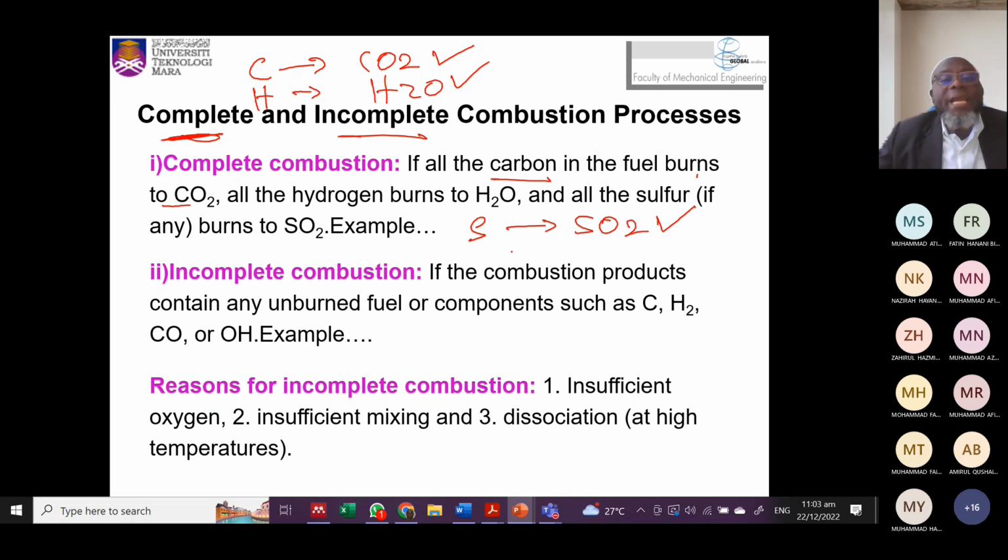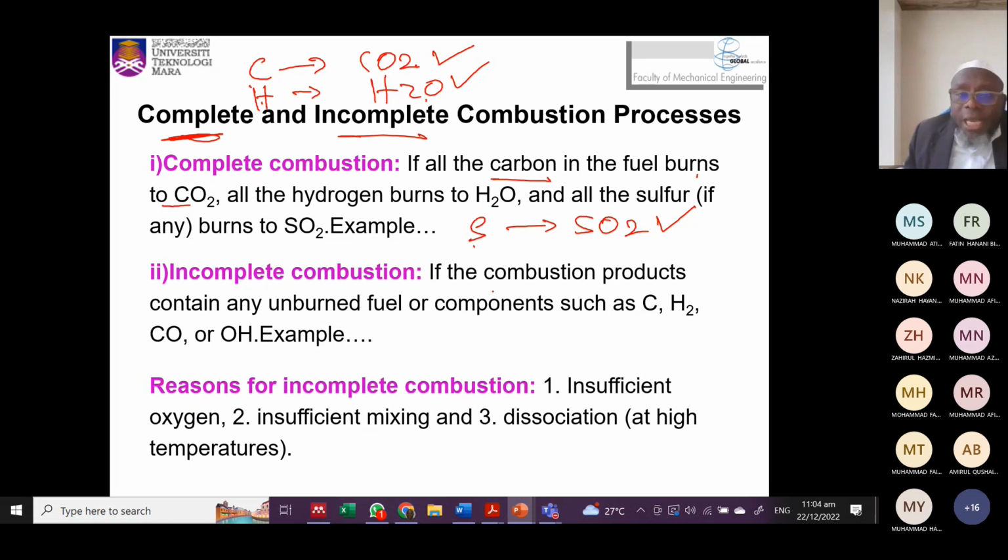So if they ask you what the conditions for a complete combustion of a fuel are, all you need to mention is that all carbon is converted into carbon dioxide, hydrogen is burnt into water, and all the sulfur is burnt into sulfur dioxide. These are the primary information needed. All right, so now incomplete combustion.